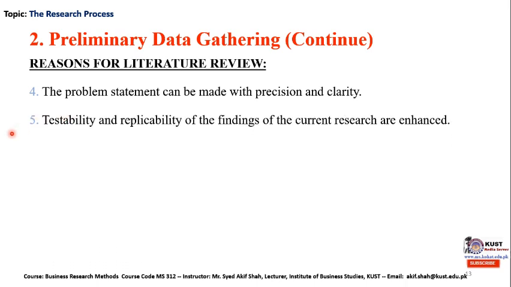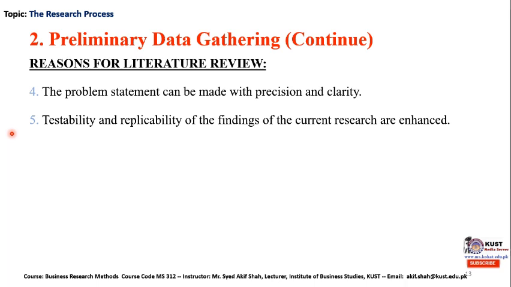The fifth reason for a literature review is that testability and replicability of the findings of current research are enhanced. As we go through previously published and unpublished data on the same issue by other researchers around the globe, one of the hallmarks of scientific research is that it should be testable, and replicable if another researcher follows the same research design.